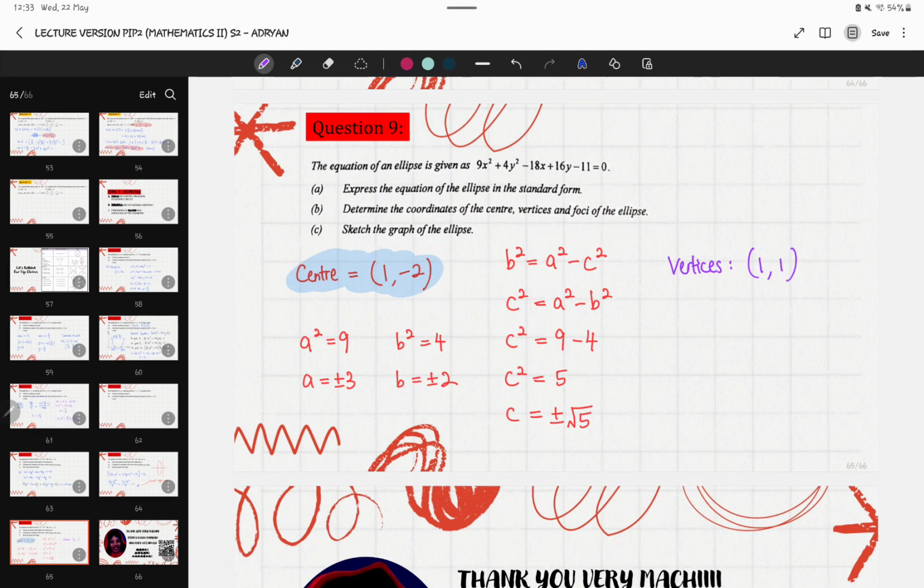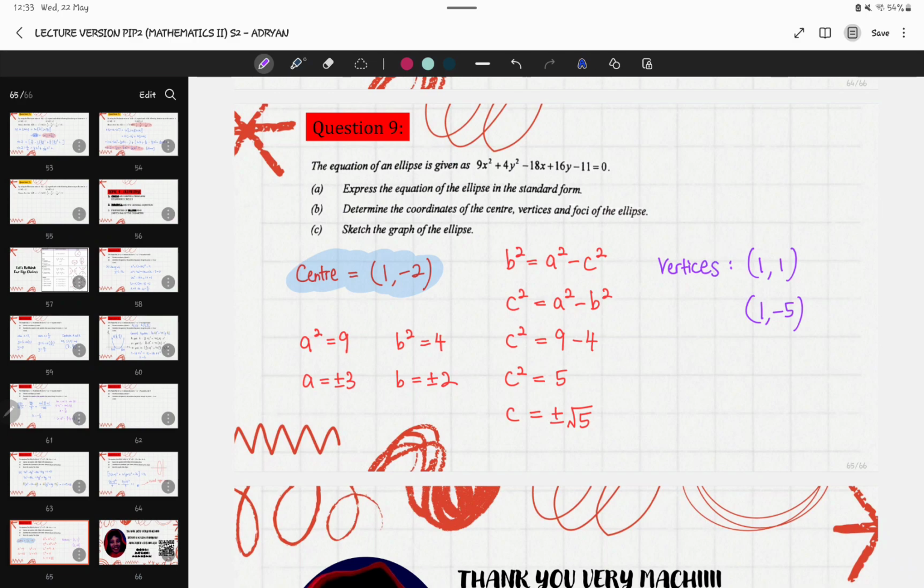One vertex. One more, still same X. Negative 2 minus 3, so negative 5. Vertices obtained: 1, 1 and 1, negative 5. So that's why I say you must imagine. Since we know it is vertically major, it means only the Y value moves. X stays. You must remember this concept: foci, vertex and center are all on the same straight line. They are on the same straight line, obviously collinear. Okay, vertices obtained.